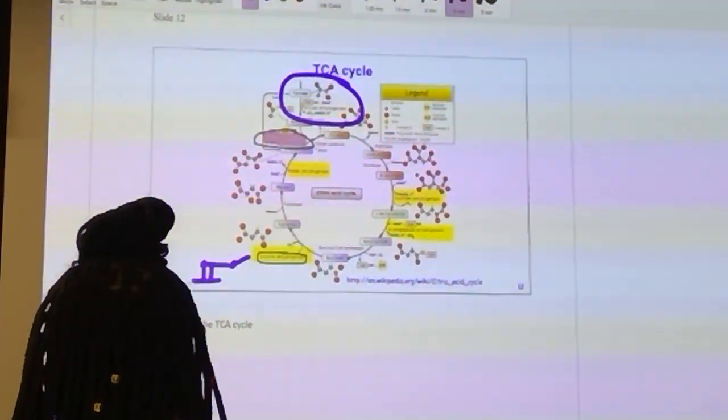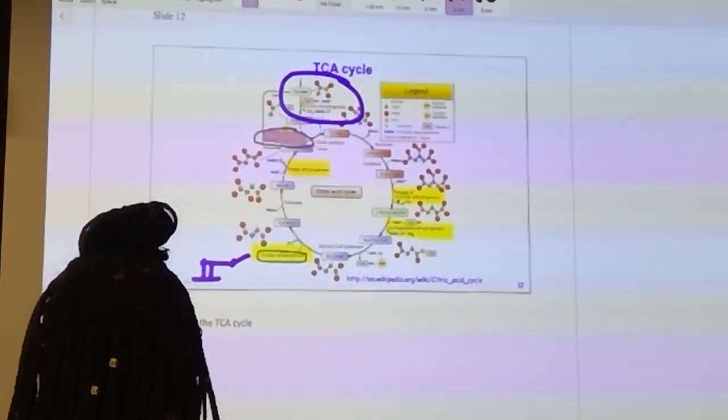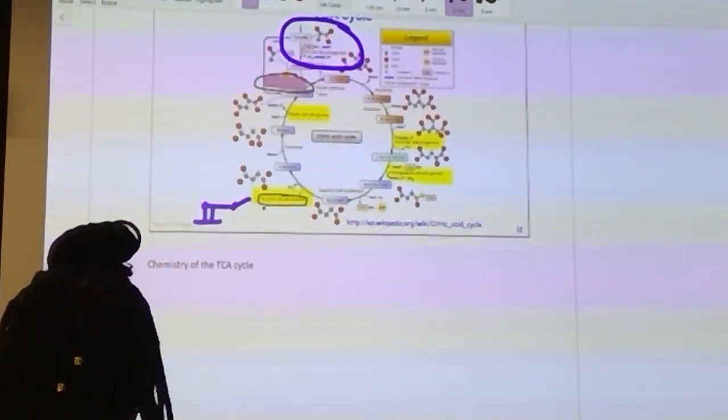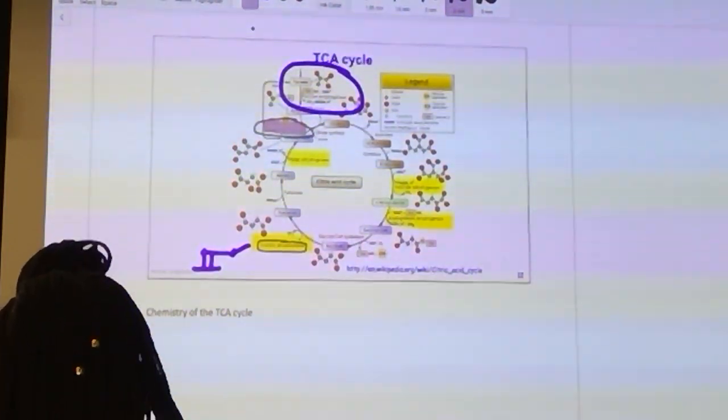Anything with the dehydrogenase makes an NADH, and just know succinyl-CoA synthase makes a GTP. And succinate dehydrogenase is complex 2 in the ETC.